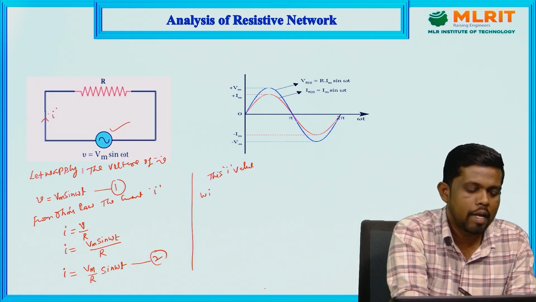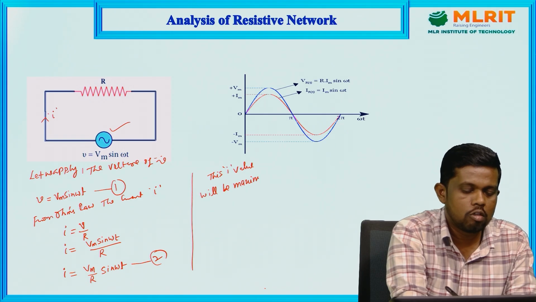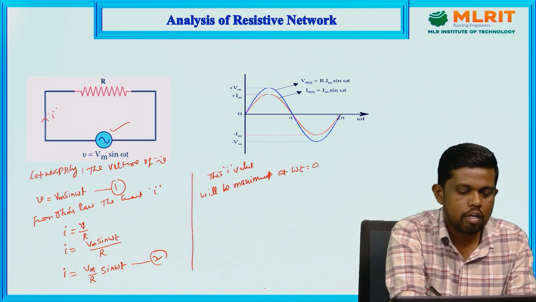This i value will be maximum at omega t equal to 90 degrees, or in other words, when sin omega t is unity.